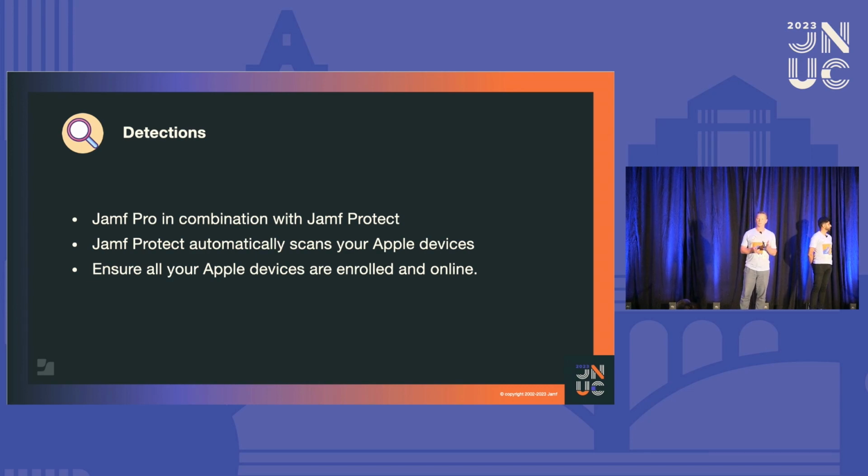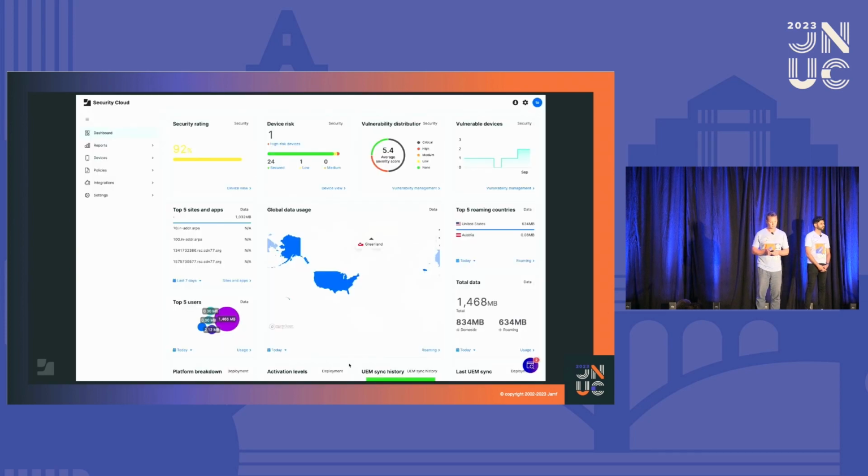Jamf Pro, in combination with Jamf Protect, delivers this automation. To get this up and rolling, you need to enroll all your Apple devices into Jamf Protect as a first step. And then you need to connect Jamf Protect with Jamf Pro using UEM integration. So let us have a look at how this can be done, actually.